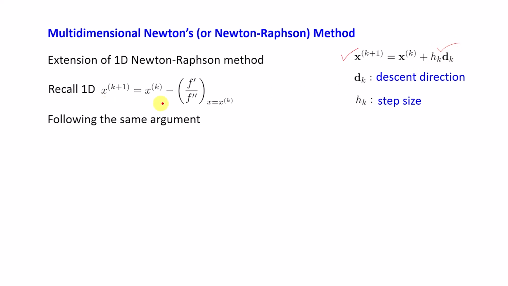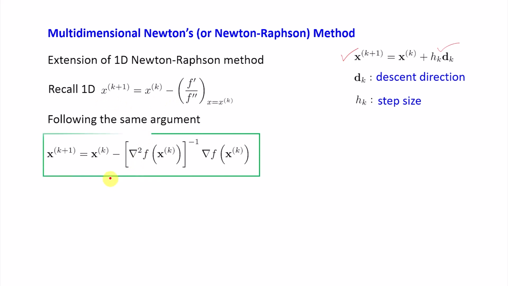So following the same argument as in the one-dimensional case, we get x(k+1), which is the same x(k+1) but now a vector, equal to xk, the same xk, plus a term where f prime divided by f double prime now becomes the Hessian. The Hessian is a matrix, so we don't divide by the matrix, we take the inverse of that matrix. F prime now becomes the gradient here.